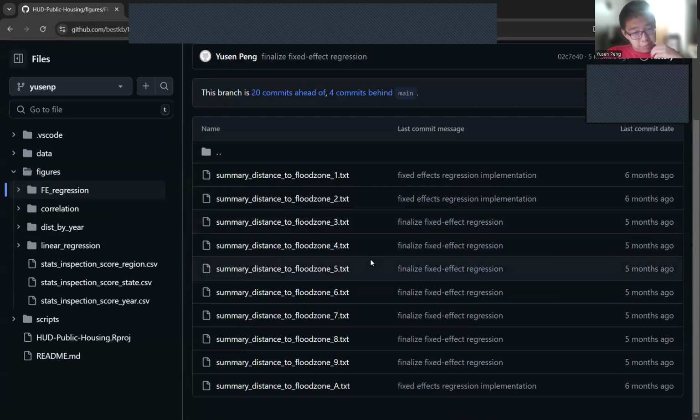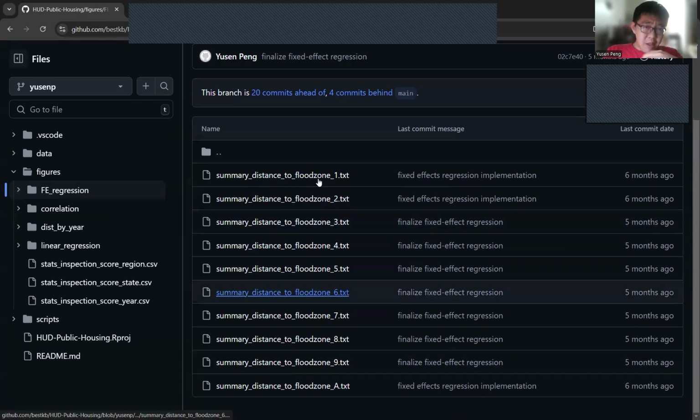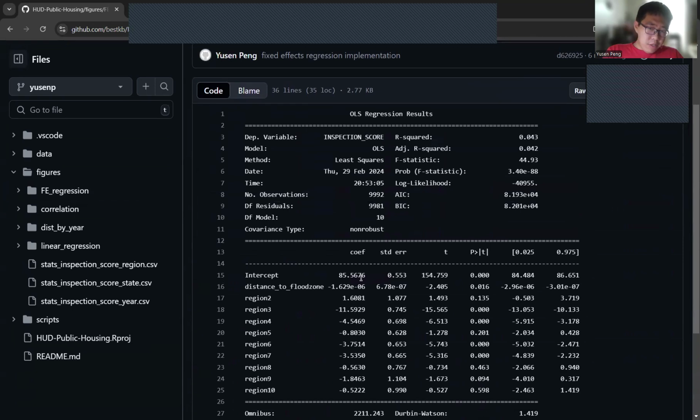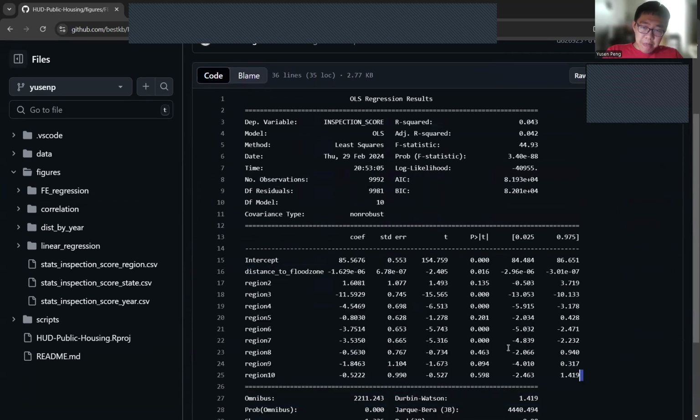Definitely. But here's the deal. We have this table, and part of it is that I'm not able to understand these numbers. So this is definitely something we have to tackle this semester, because we already included the fixed effect model in the abstract.